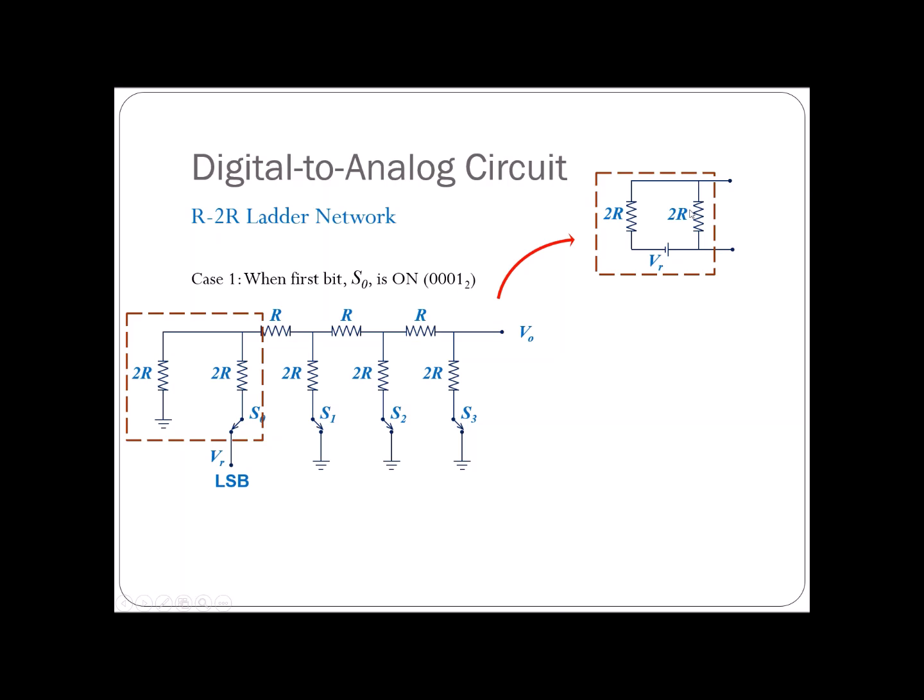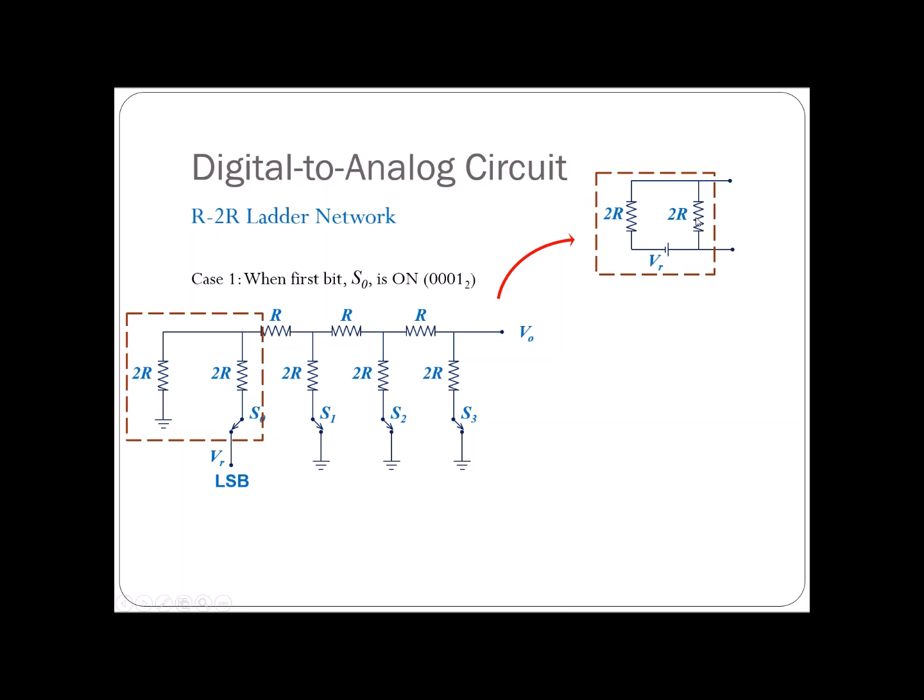So this is VR. We have two resistors, 2R and 2R. This VR is connected to these two resistors in series: VR, 2R, 2R. That means the Thevenin voltage, the voltage at these two ends, follows the voltage divider rule.